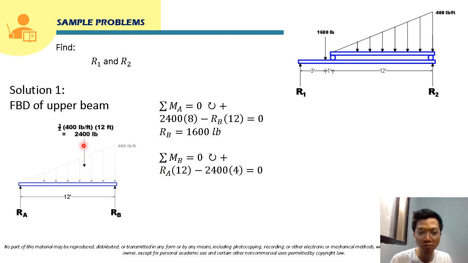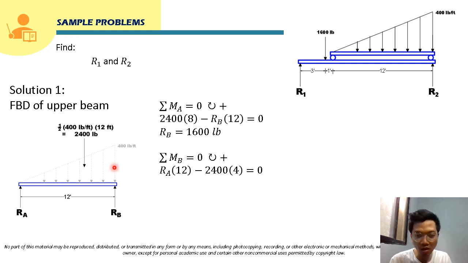Now for the moment of this 2,400 concentrated load, this will be 2,400 times its moment arm. Again, this distance from the position of this point load to the vertical side of the triangle will be 1/3 L, or 1/3 of 12. What is 1/3 of 12? That is actually 4.